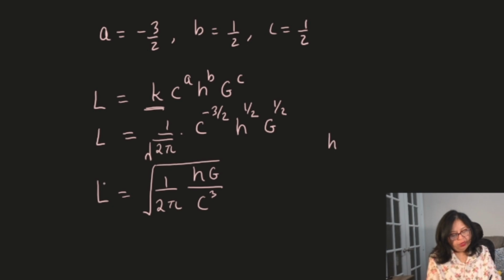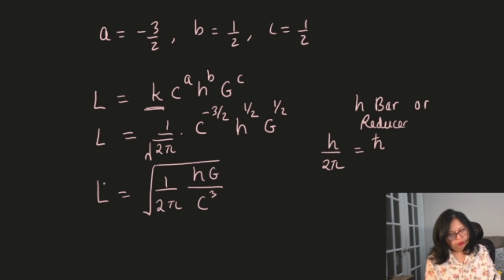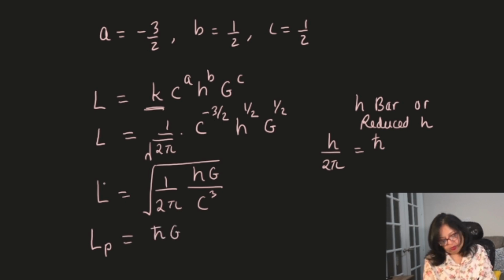Now this h over 2 pi, this is given a special name. It's called h bar, or reduced h. So this equation now becomes L subscript p, it's Planck's length. It is the square root of h bar times g divided by c cubed.